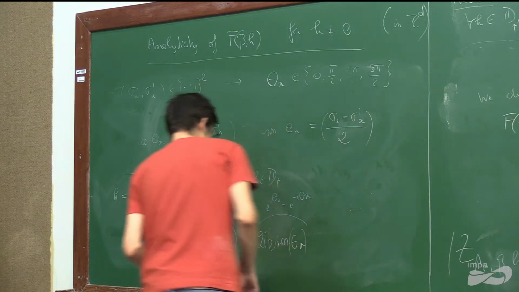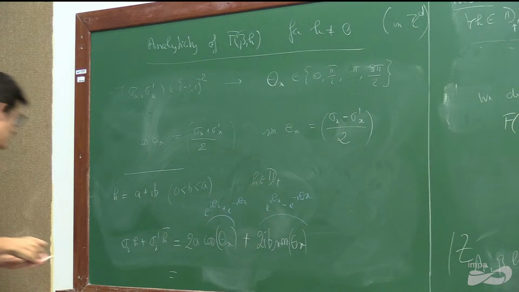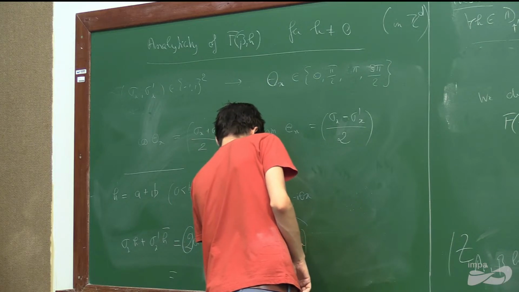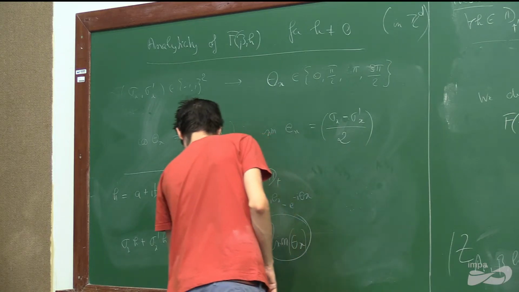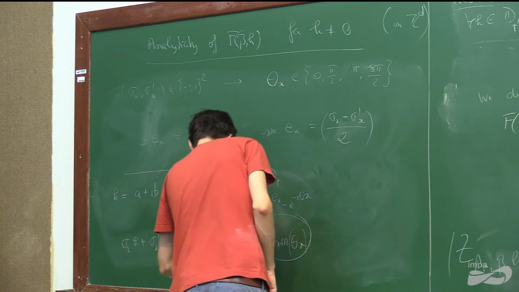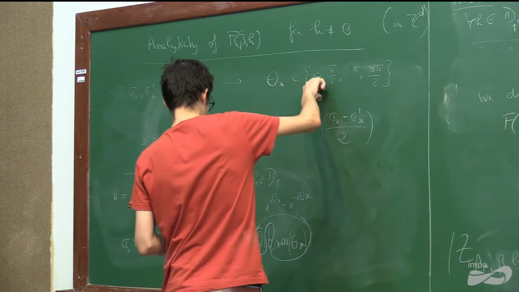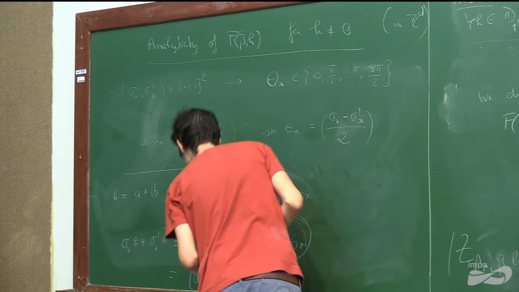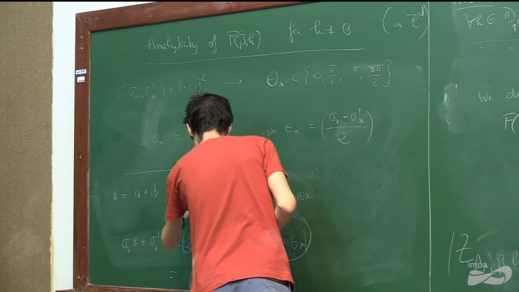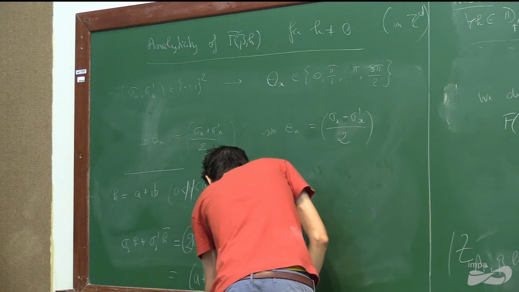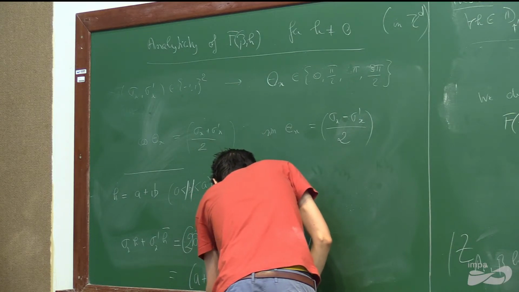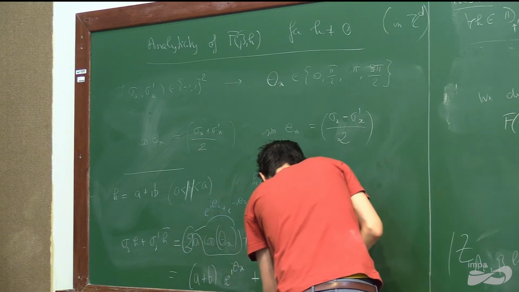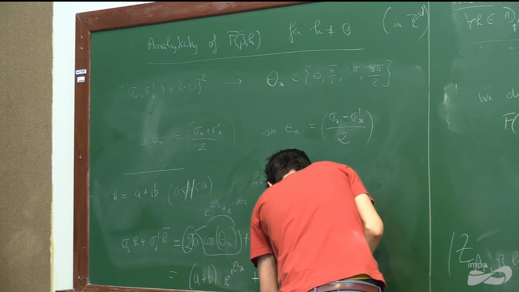So what we get is, okay, the 2 has to be included in here. So what we get is just (A plus B) exponential I theta x plus (A minus B) exponential minus I theta x.